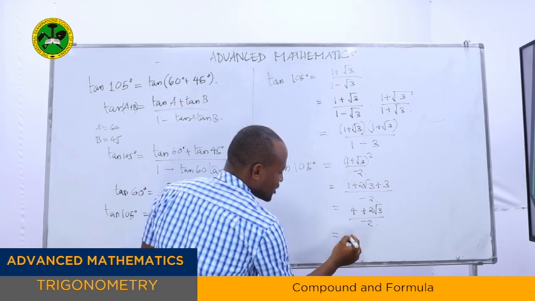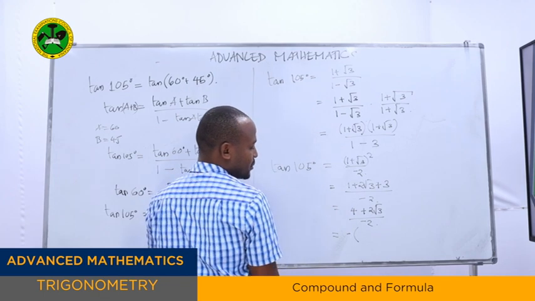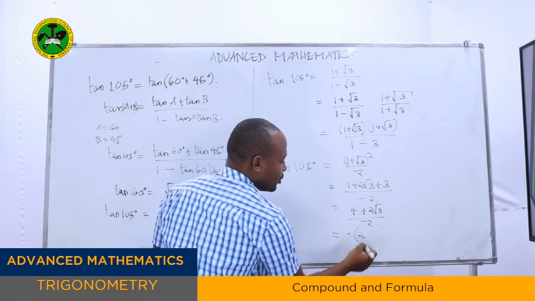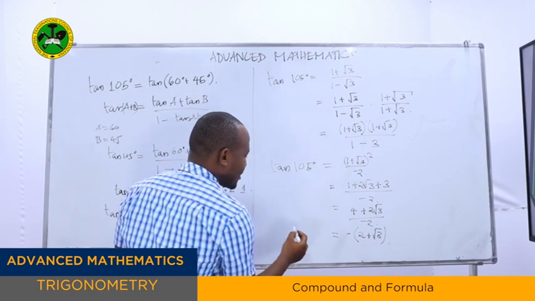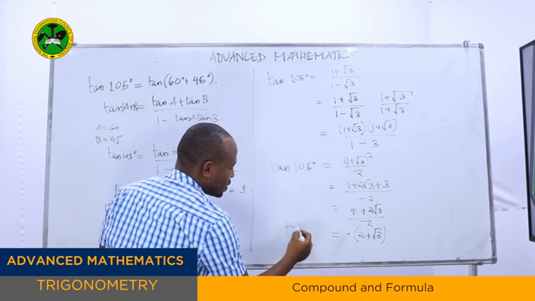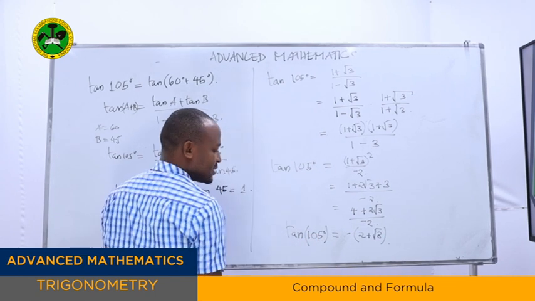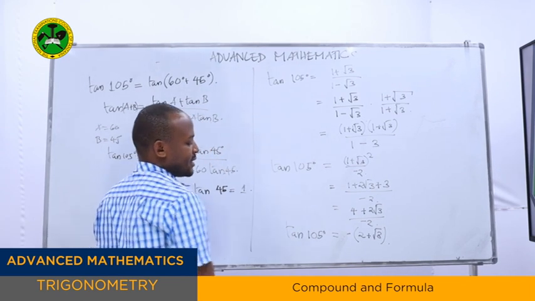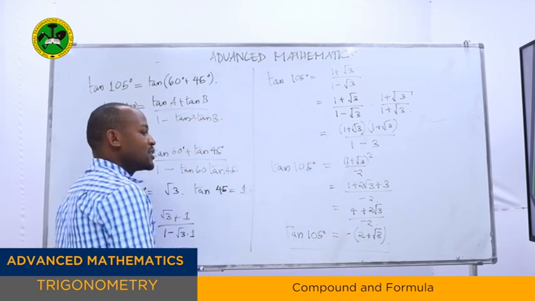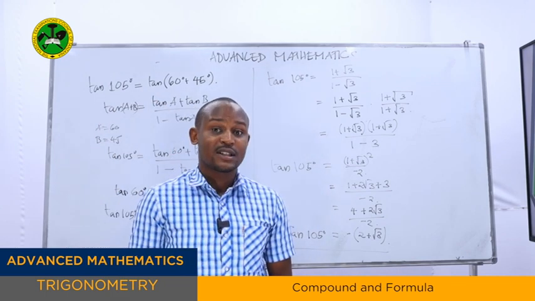Simplifying that once more, we are left with negative 2 plus under root 3. So that is tan of 105 degrees. It can be written like that or like that, it is still the same. So that's how we find the values of such kinds of angles.